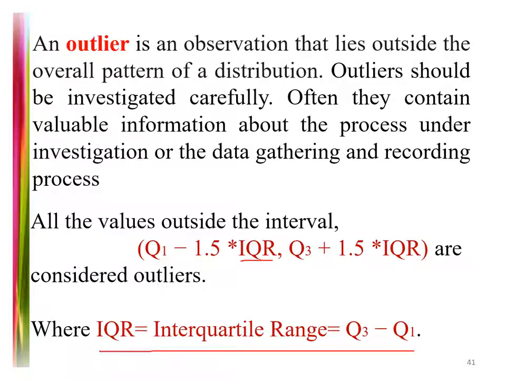Any data point outside of this interval we call an outlier. In outlier identification, first we draw the box plot, then calculate the inner fence and outer fence values. Then you can check whether any data points fall outside of this interval. That is important.